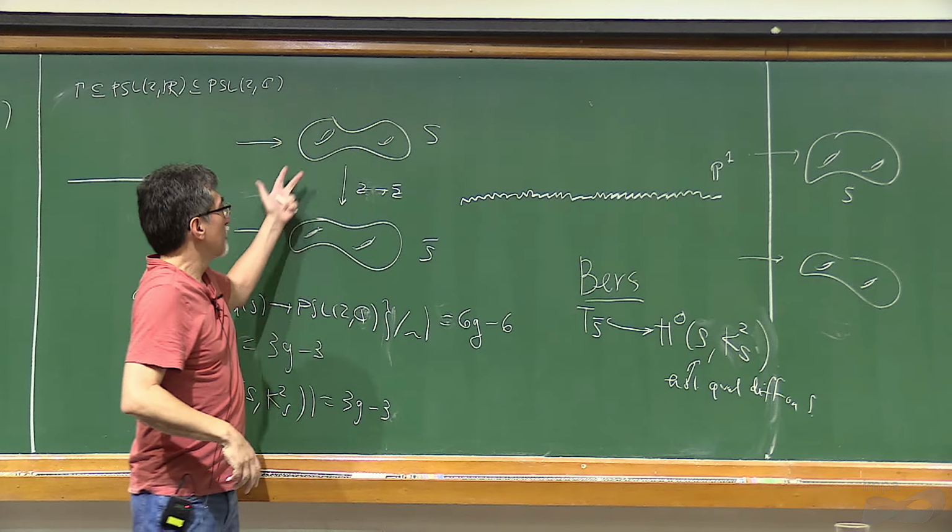Okay, so I will draw here my hyperbolic ball. And this first domain is given by the flags, incident pairs of point and line, where the point is inside the hyperbolic ball. Okay?